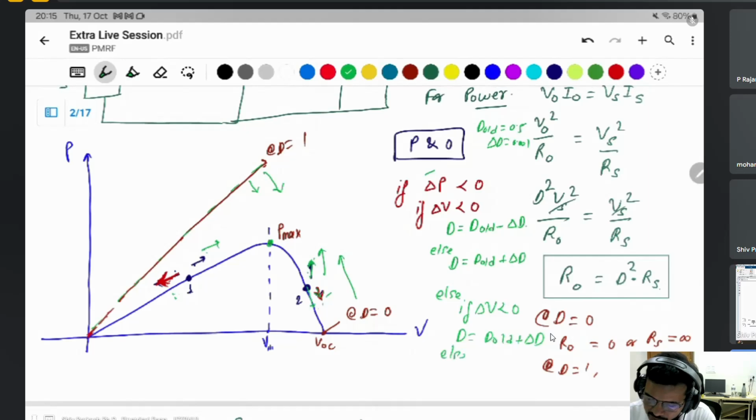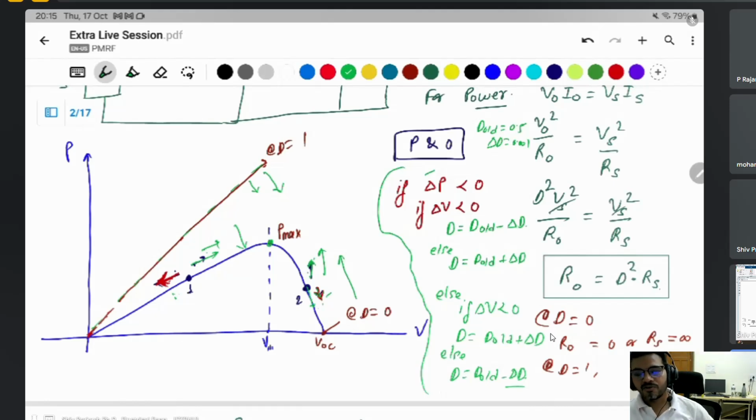Same thing, if delta V is also increasing, then we have to decrease the duty cycle. This is how you write our algorithm, and then you can find the maximum power from a PV system. Okay, let's do it in simulation.